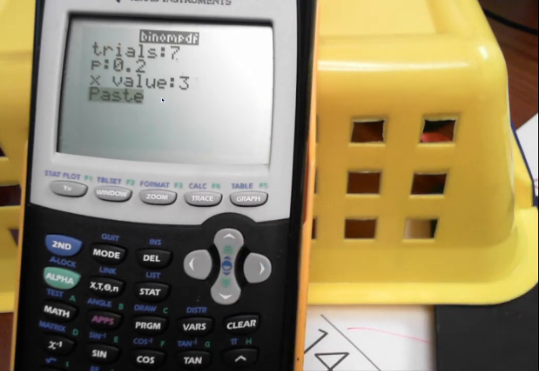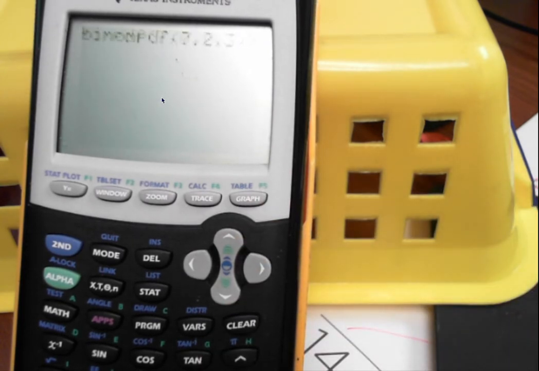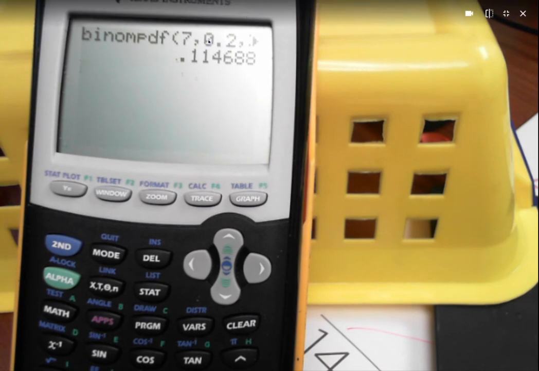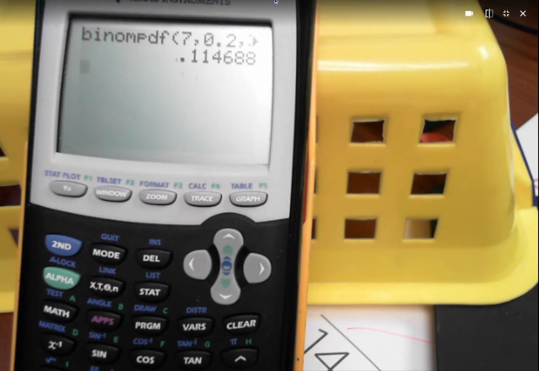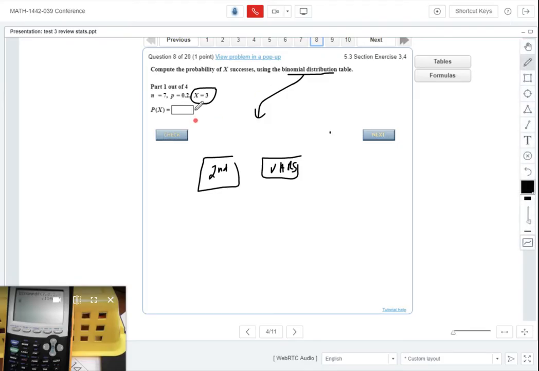We're just going to hit enter, enter, and enter one more time. And there's our probability. And we always take it to 4 decimal places. 0.1147. Since the 5th decimal place is 5 or more, we have to round up to 0.1147. So the answer to this would be 0.1147.